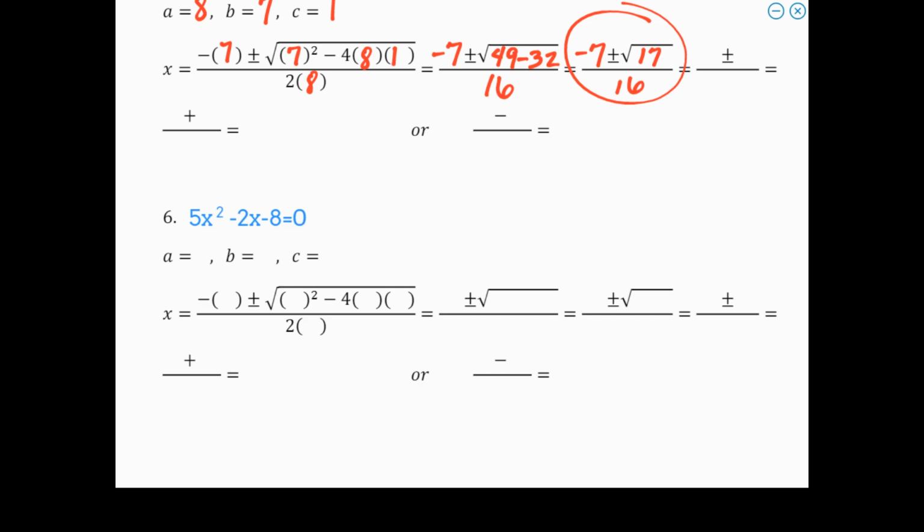Okay, last example. What is my A? Positive. I have my B, a -2, and my C is -8.